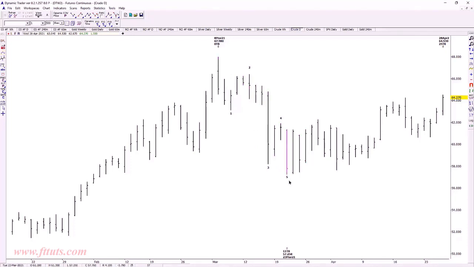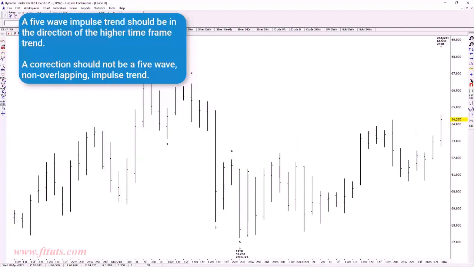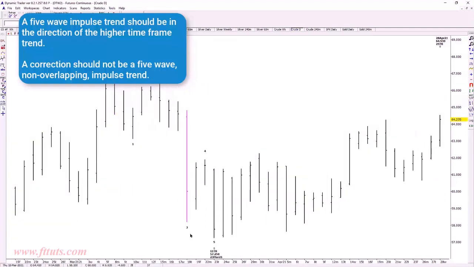So you'll learn about subdivisions later, but a correction should not break down into 5 waves. That's one of the keys of 5-wave impulses: they indicate the higher time frame trend.